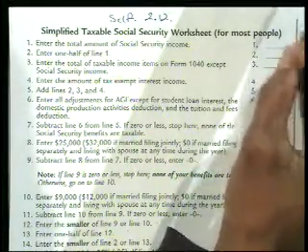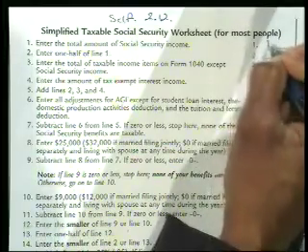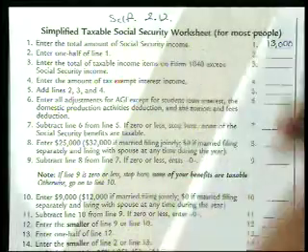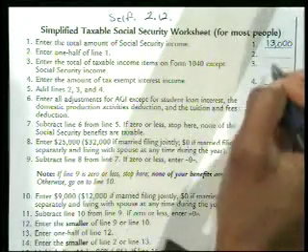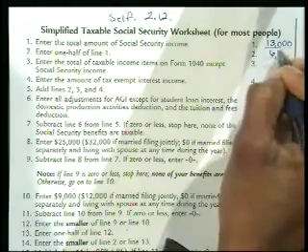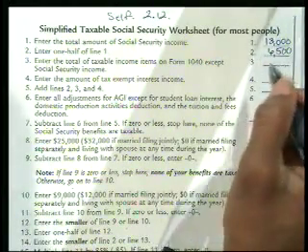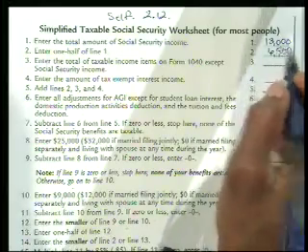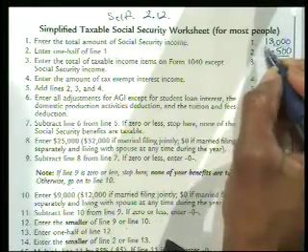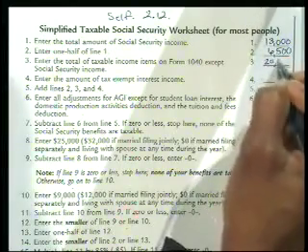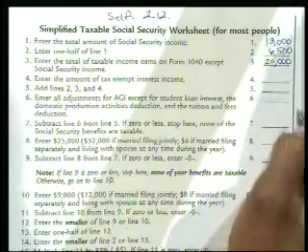They asked us to enter the total amount of Social Security income. That is $13,000. Then they asked us to enter 1/2 of that amount, which is $6,500. Then enter the total of taxable income from the 1040, except for Social Security, and basically that's your AGI, and we said that was $20,000.